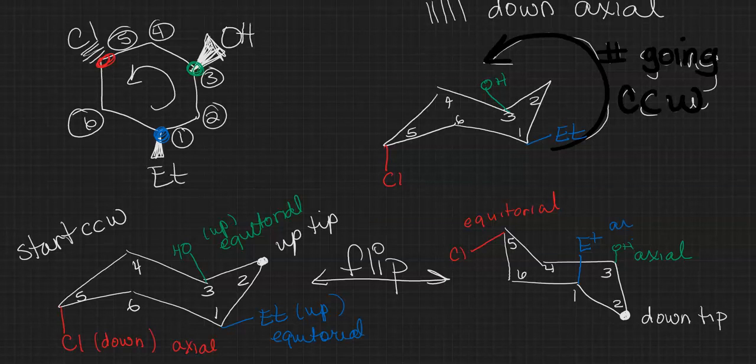So it is going to go axial. I apologize. Make that correction. And this is how we do our ring flips. So you want to make sure you practice. So again, no matter where I flip the ring, for me, I started counterclockwise when I had my initial ring, and I started counterclockwise when I had my final ring. And I kept the positions of up and down.